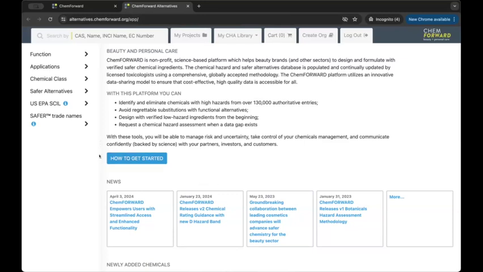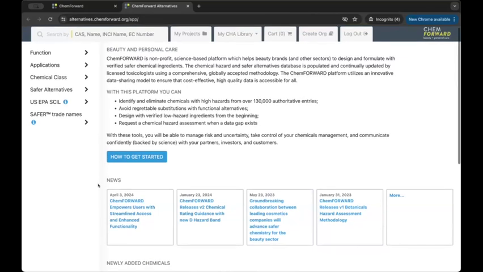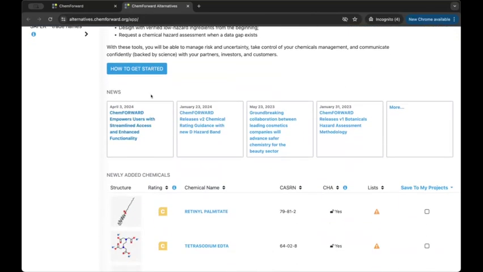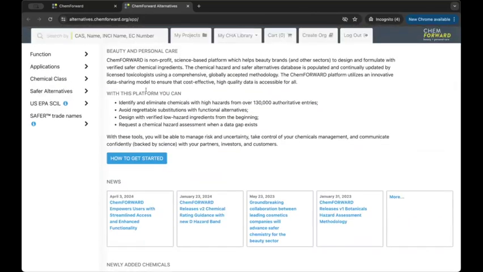We land here. This is a broad overview of what we can do with this platform. We have some news items down here, some newly added chemicals. If we scroll down, but what's really most interesting is this left-hand side and the search bar up on top. We'll first go through a couple of these options on the left-hand search bar.